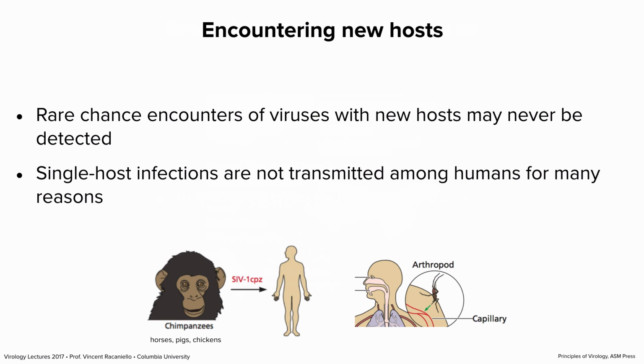But we do know many examples of transmissions from animals. As I said, SIV from chimps to humans is one that did take off. And we'll talk about the factors that led to that next time. But we also encounter viruses from a variety of other species of horses, pigs, chickens, routinely. And many of them go nowhere.